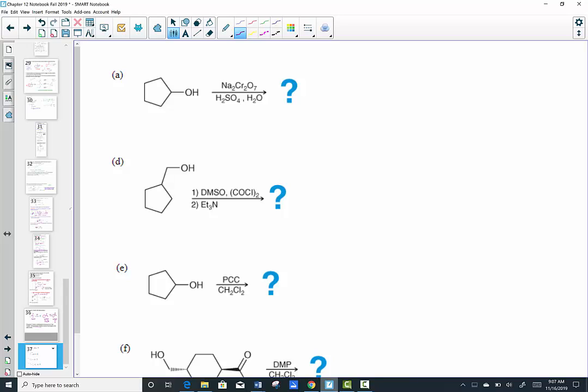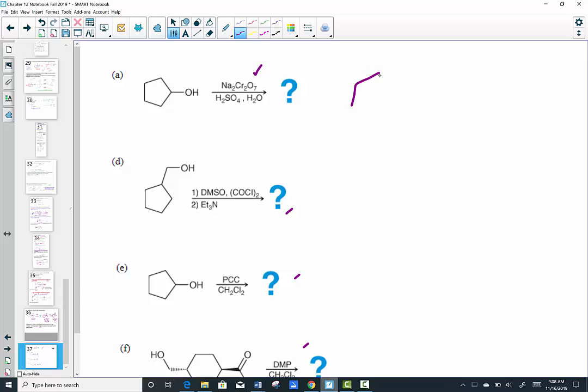This is your last homework question, the skill builders from this section. What would the compounds make? All I'm asking you to do is remember that chromium will oxidize all available hydrogens. Every other reagent that we looked at is selective to just the alcohol oxidation and not a carbonyl carbon.